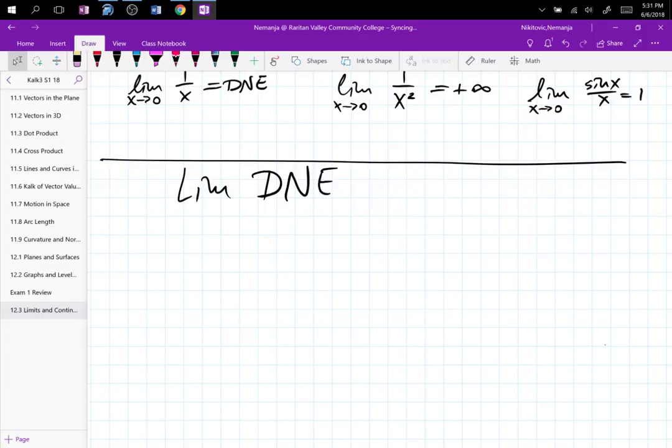And when we check the paths, right, it's not going to work. So, the limit as x and y go to 0 of x plus y squared divided by x squared plus y squared.